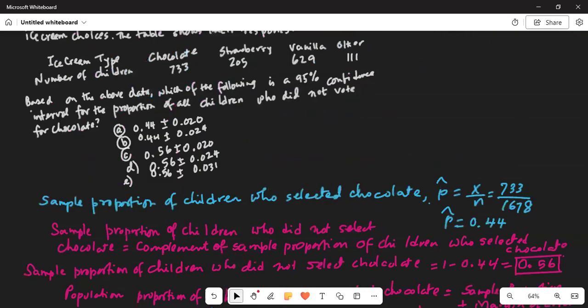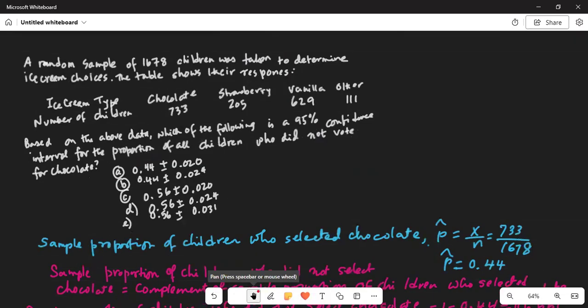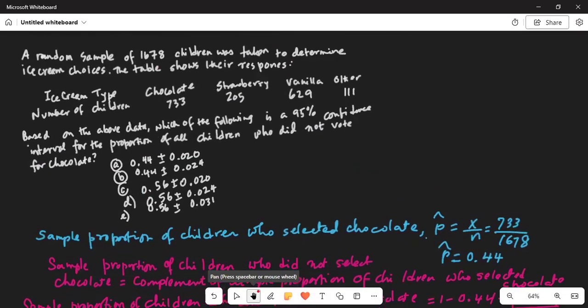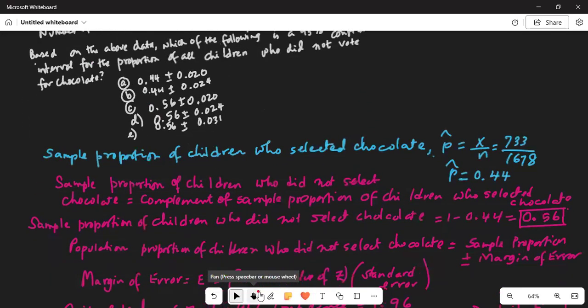First, it said that the sample size is 1678, giving the different categories of flavors of ice cream that children liked, but they want us to calculate the 95% confidence interval for the proportion of all children who did not vote for chocolate. That means who did not like chocolate. So first we find out the proportion of children who voted for chocolate. That is 733 divided by the sample size of 1678, which is 0.44.